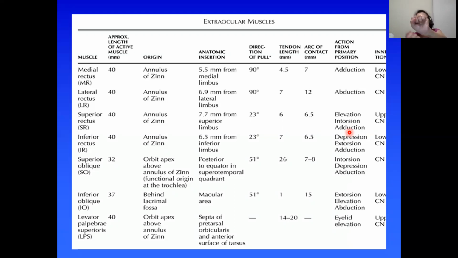The superior oblique inserts beyond the equator, temporal to the eyeball, so it will rotate the eye internally.